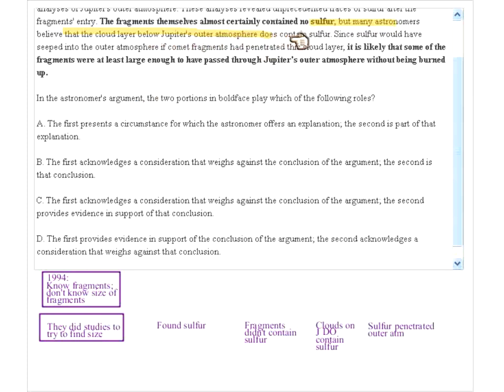That's where they said that up here: the analysis revealed traces of sulfur in the outer atmosphere. In fact, these are basically the same statement, so we actually don't need that one anymore. Therefore, the comet's fragments must have been big enough to pass through the atmosphere.